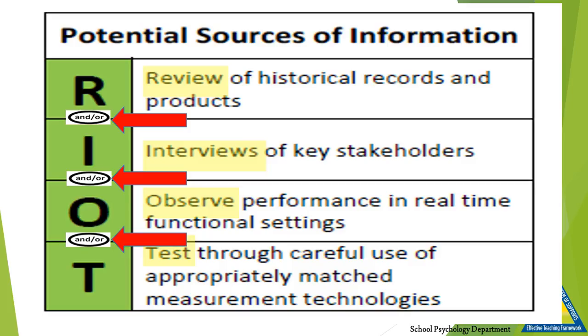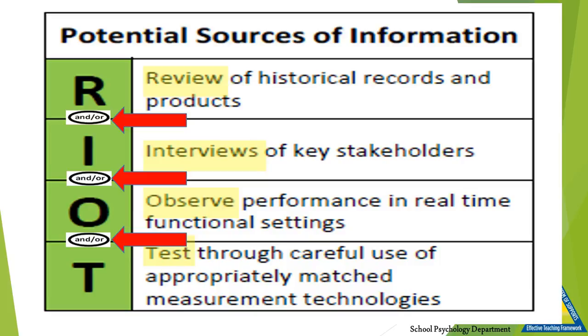We review information by determining whether or not we need more data, or we found enough data to validate or invalidate our hypothesis. The same stands true for interviews, observing, and test. We don't have to review, interview, observe, and test for every problem or every area of instruction or every area for curriculum.